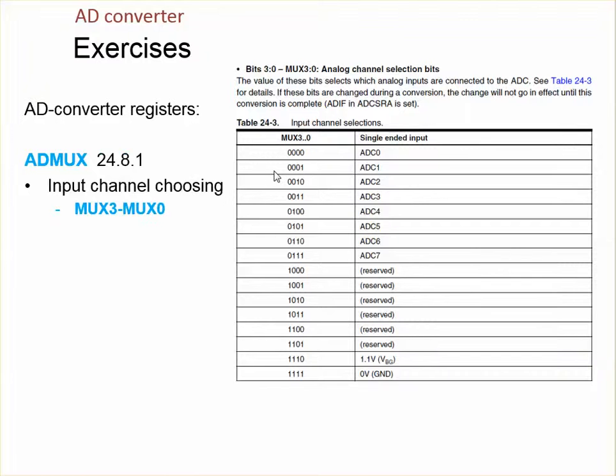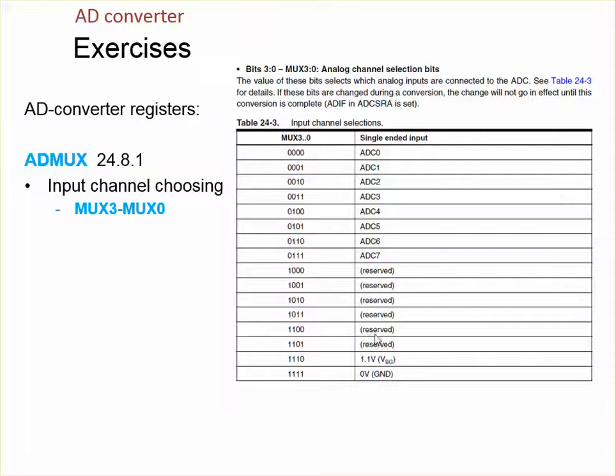And here's the table that shows which channel needs which kind of bit combination to be activated. For example, if we put all MUX bits to 0, then input channel 0 is chosen, and with lowest bit 1, input channel 1 is chosen, and so on.